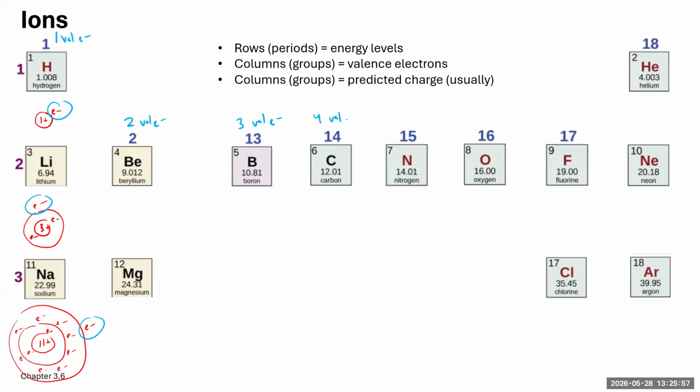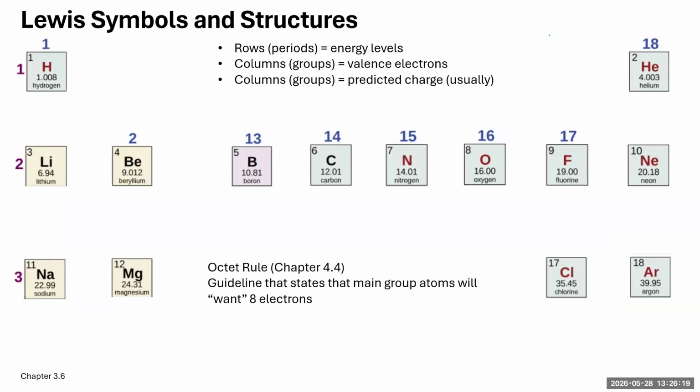This is four valence electrons. This is five valence electrons. Six valence electrons, seven valence electrons, and then here and below are eight valence electrons, where helium was only two valence electrons, right? So let's draw these out.